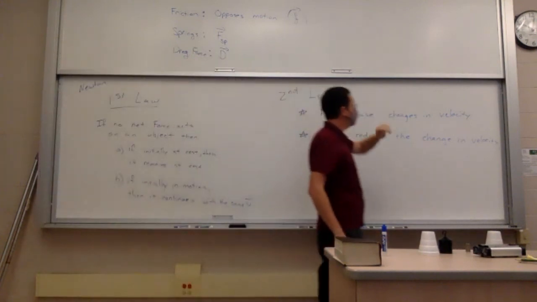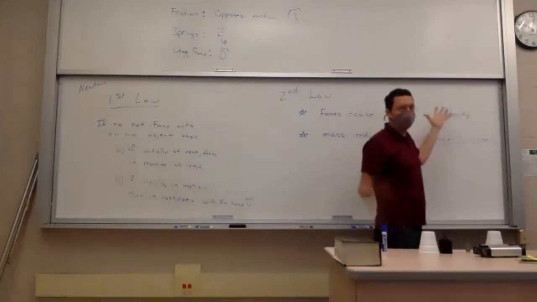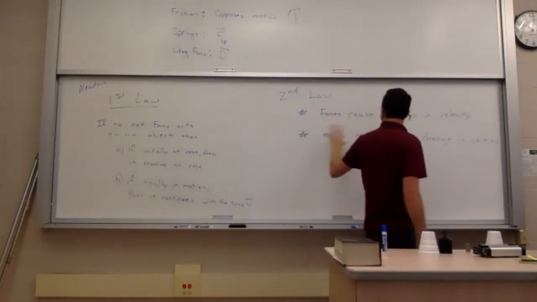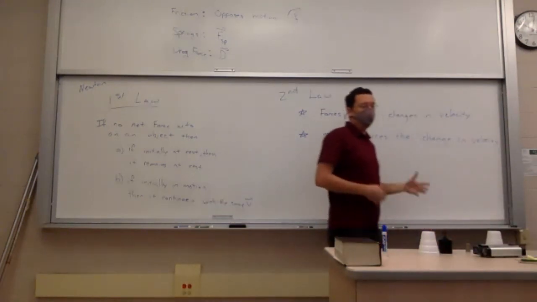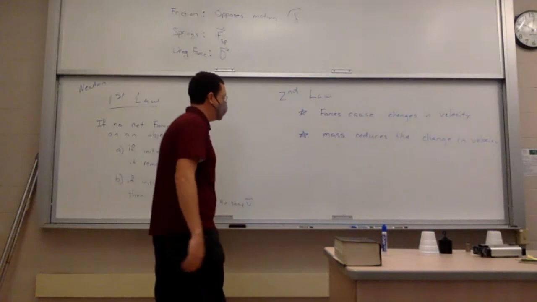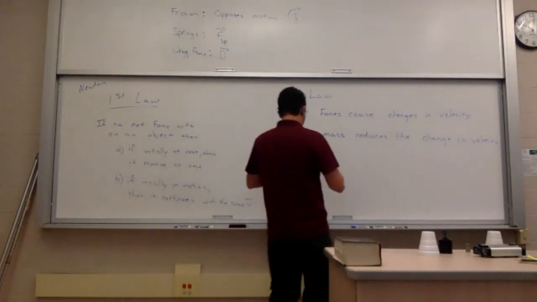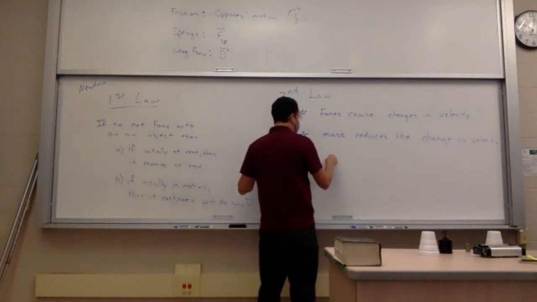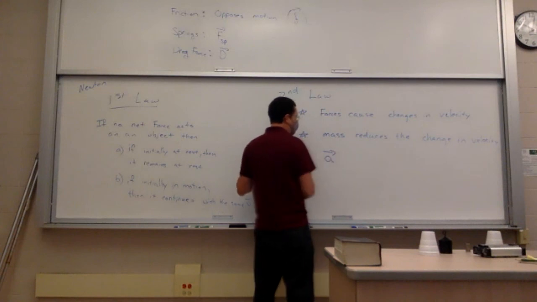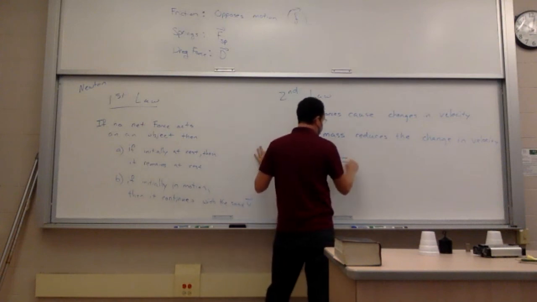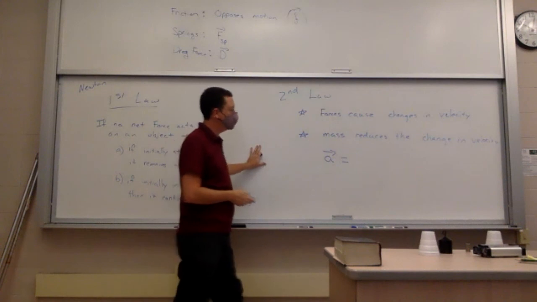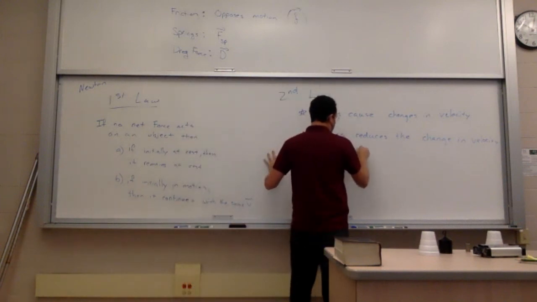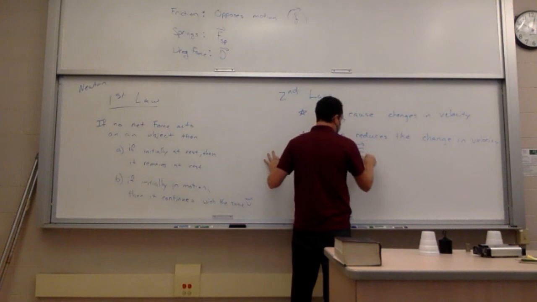Forces cause changes in velocity. That's acceleration. Changes in velocity. That's the thing that we know about that measures that. Masses reduce the change in velocity, or reduce the size of the acceleration. So what we're left with is the following formula. The acceleration of an object equals, it turns out, the net force on the object divided by the object's mass.